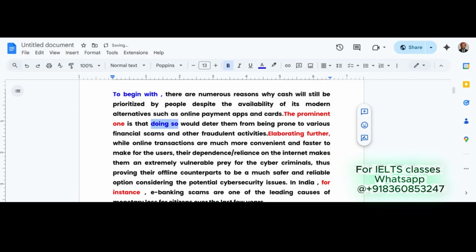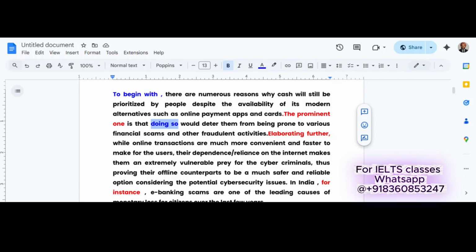So here, if I explain, what is happening is that we have said there are many reasons why people will still be using cash. The first reason is that doing so means what? Doing so means using cash. So here we are not repeating the same line.